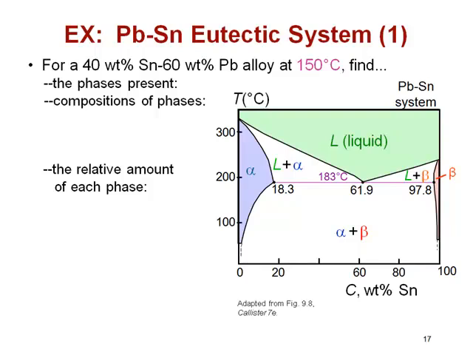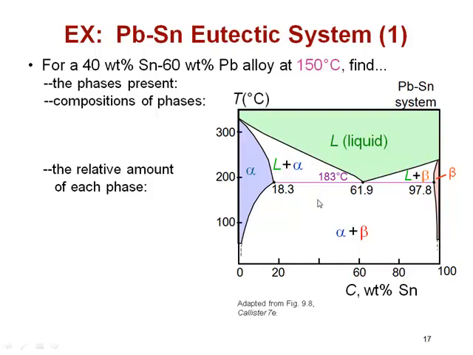What are the phases present for this given temperature and composition? 150 and composition is 40% tin. We've got 100% tin here. So 40% tin would be somewhere here.